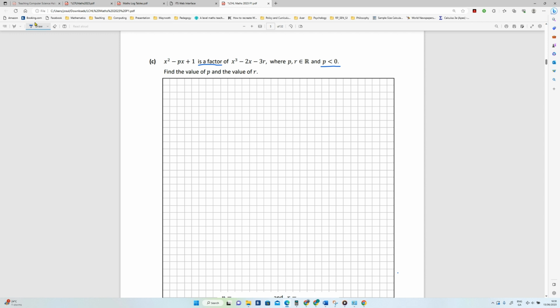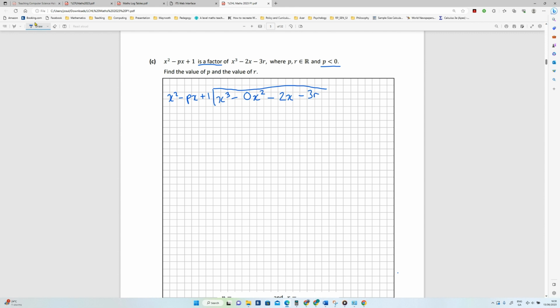Right, so let's write this down first, x cubed. You'll notice there's no x squared, so I'm going to insert one in just to make my life a bit easier. Minus 2x minus 3r. And we'll divide that by x squared minus px plus 1.